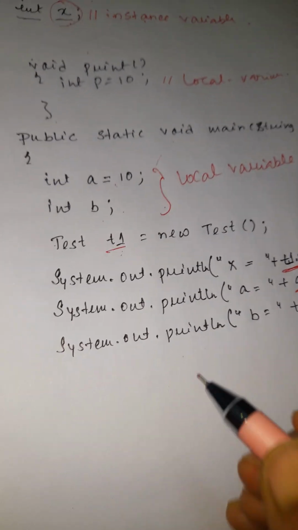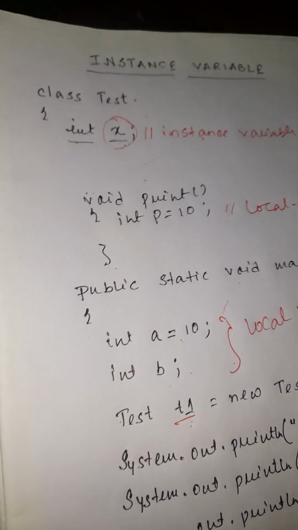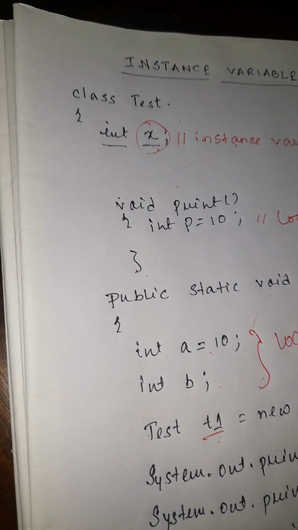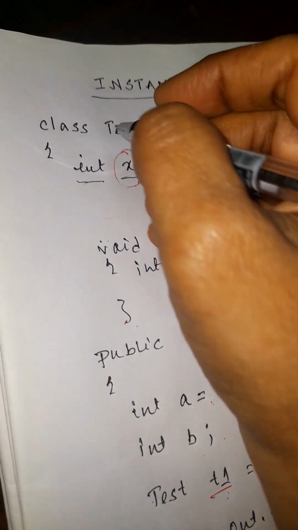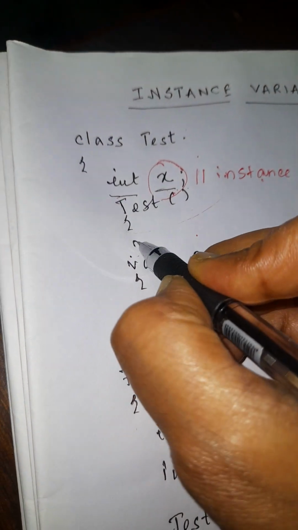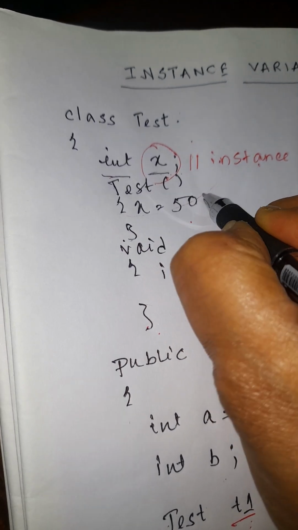Now here you see what happens if you want to assign values, if you want to initialize the instance variable. How can you initialize? Here I declare one constructor. What is a constructor? I will discuss later. Within this constructor I declare my variable, maybe x equal to 50.